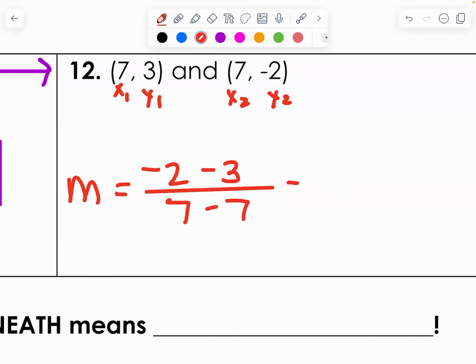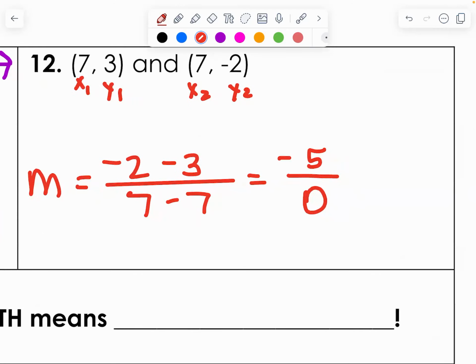Okay. So what's -2 minus 3? -5. But what's 7 minus 7? Where's your calculator? Try it. What happens when you take -5 divided by 0? What do you get? You cannot divide by 0, otherwise your calculator will explode.